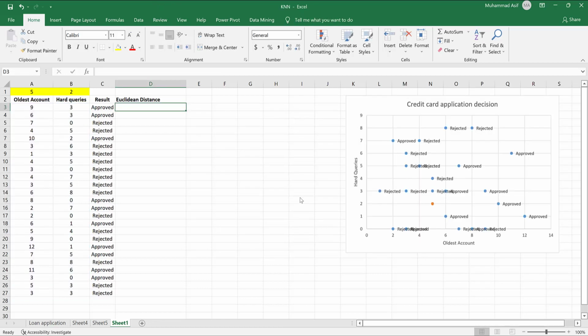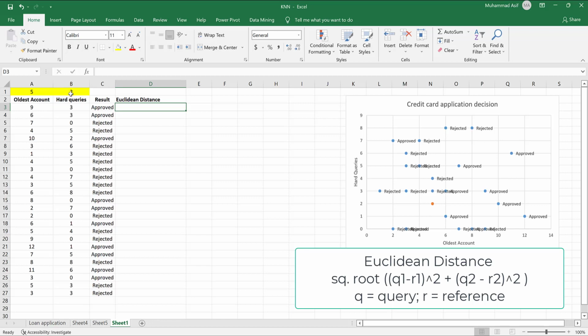In the next step, we will measure Euclidean distance. That's the distance of this point against this point, and the distance of this point against this point.